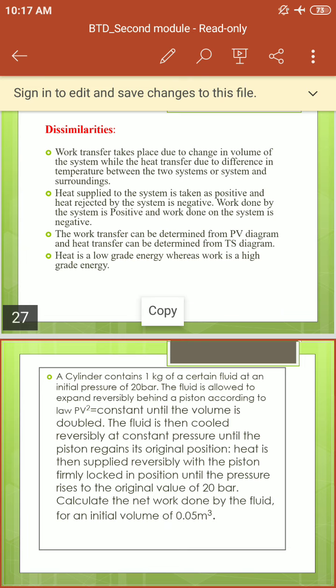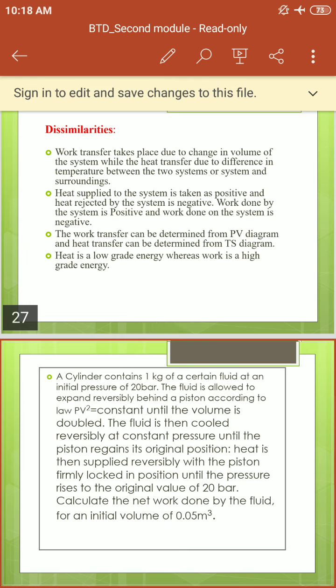A cylinder contains 1 kg of solvent fluid at an initial pressure of 20 bar. The fluid is allowed to expand reversibly behind a piston according to a law PV raised to 2, that is PV raised to N equal to constant. Here N equals 2, until the volume is doubled.